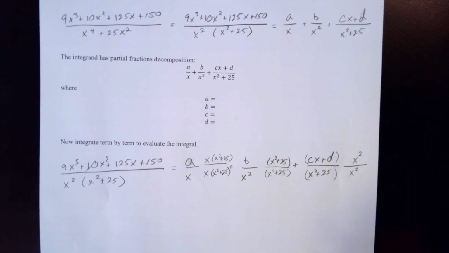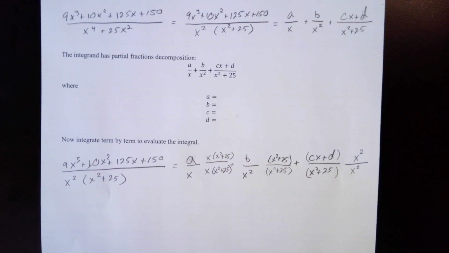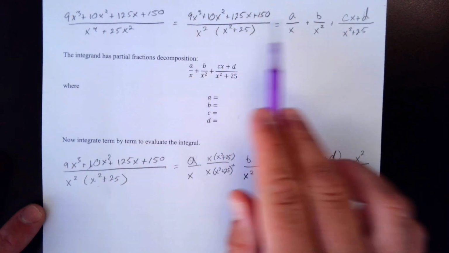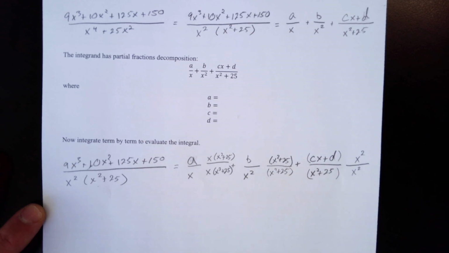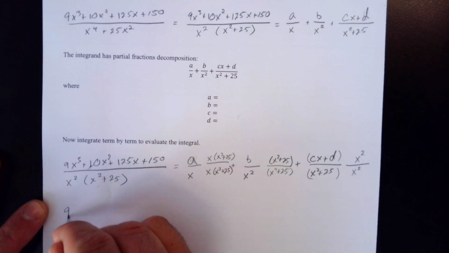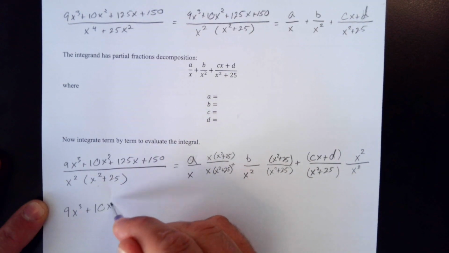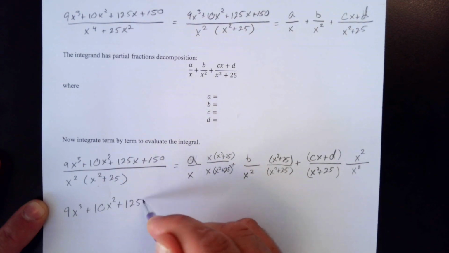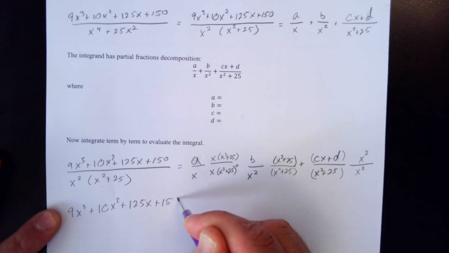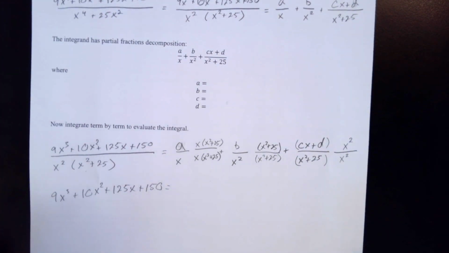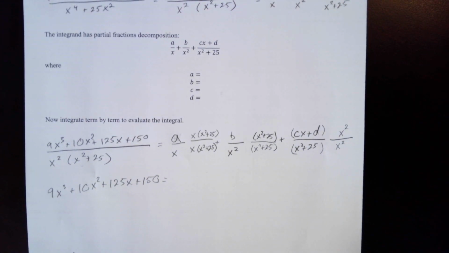Okay, now comes the algebra part that's really kind of intensive. I need to multiply all of these terms through. The denominators are the same, because I know this and this are the same. But now I have 9x cubed plus 10x squared plus 125x plus 150 equals whatever I get when I simplify all those numerators.